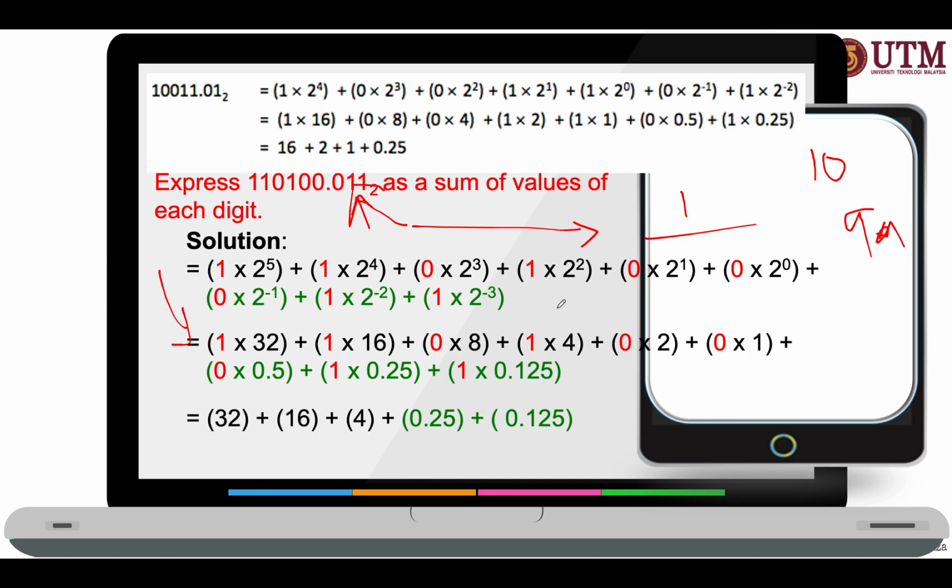Although you write it on rough paper, or you directly convert it using your calculator, you lose 9 marks because you did not show your steps for how you got that answer. So the steps are very important.